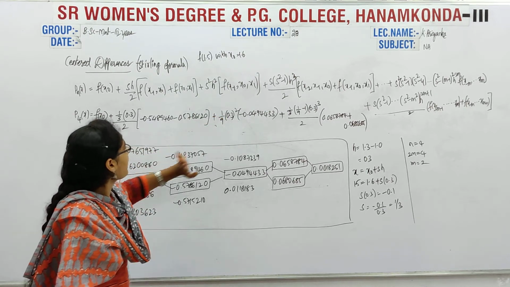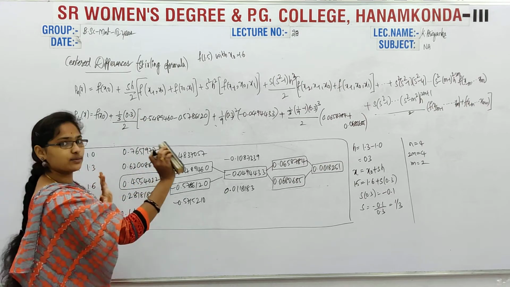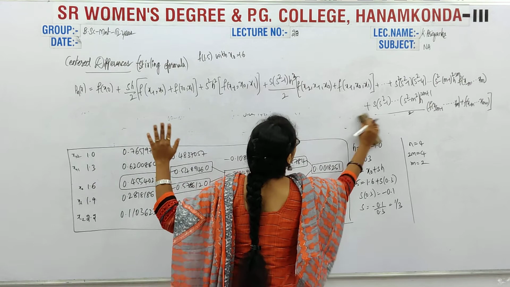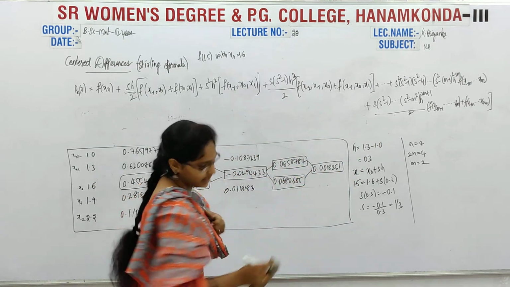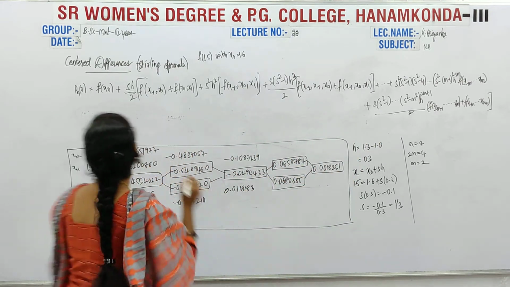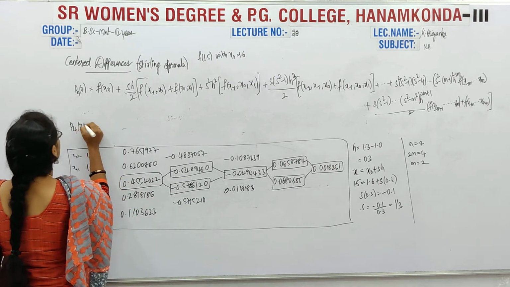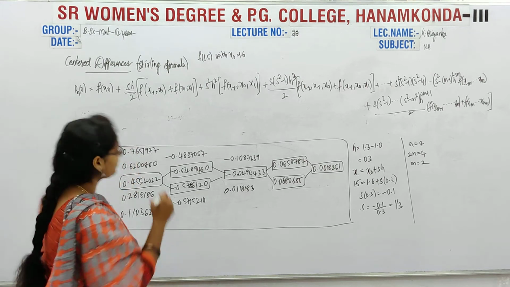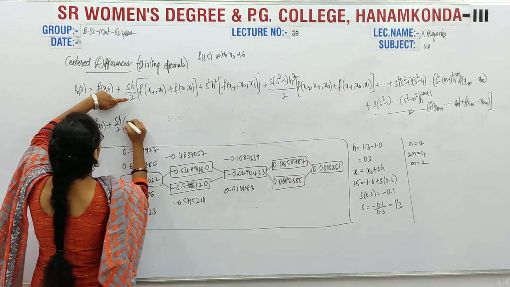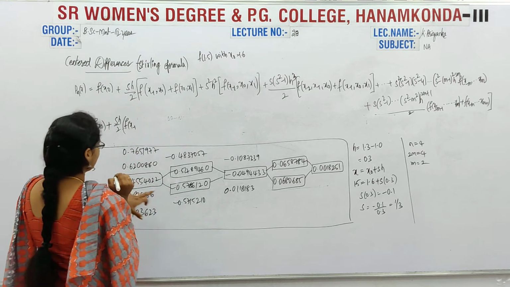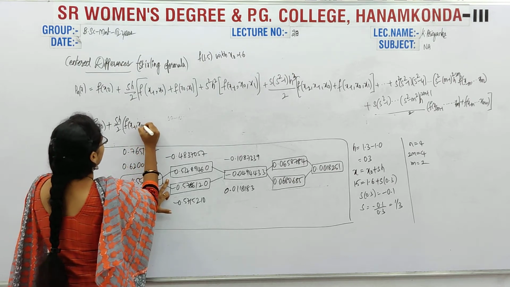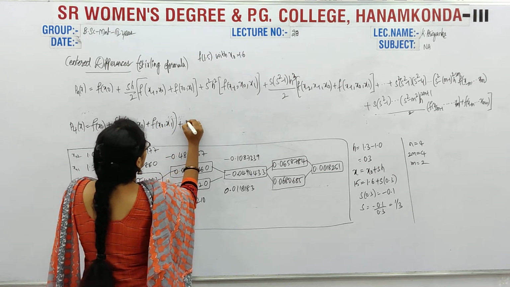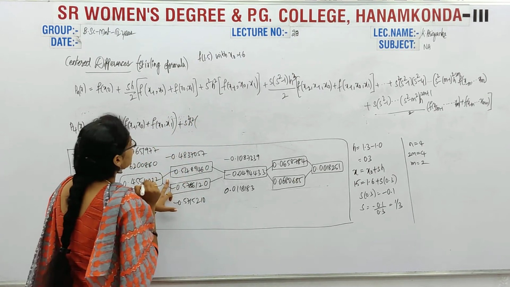First of all I will write the formula, then I will substitute the values. This is the general formula. Now I am going to write it for the values. Here are all the values I have. So now I am checking Pn of x, that means P4 of x is equal to f of x naught plus sh by 2. Sh by 2 means this one I am writing. Clear? Plus s square h square of this value.